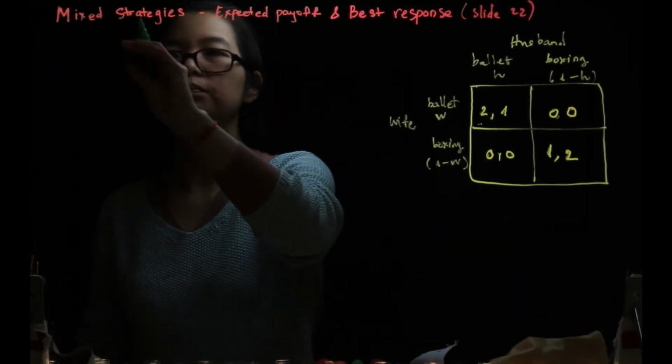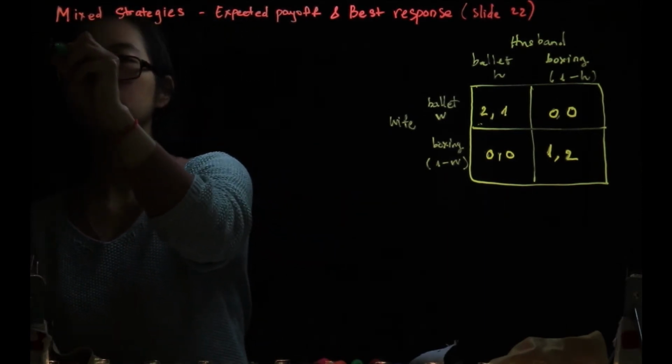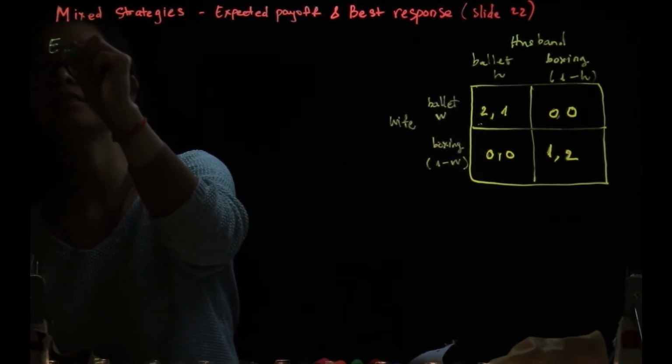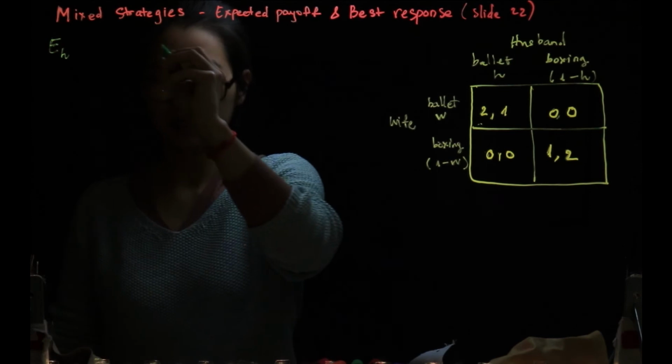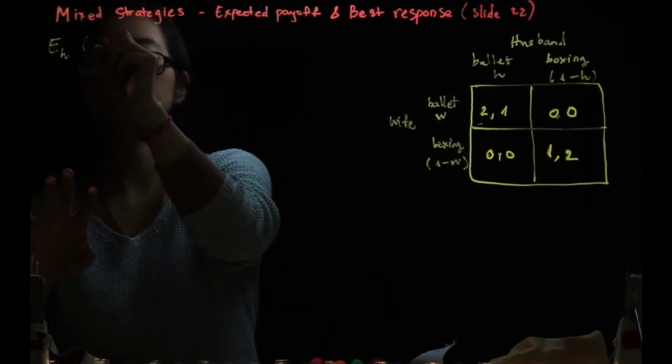Okay, now let's move on to the husband. Calculate his expected payoff. Now, EH equals, again, the probability of each scenario.